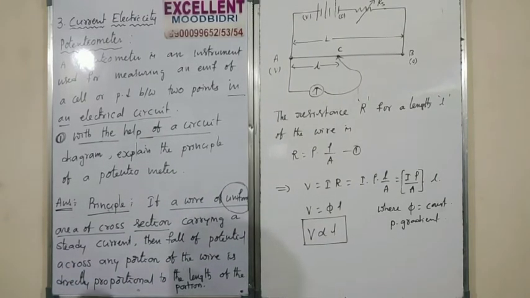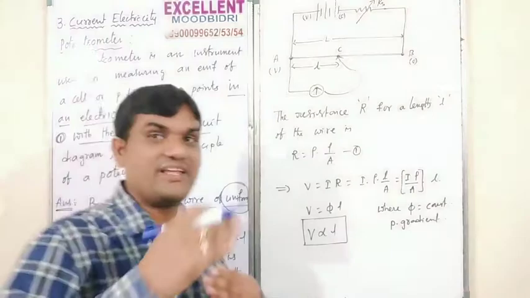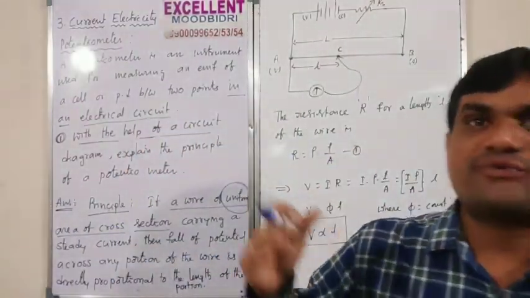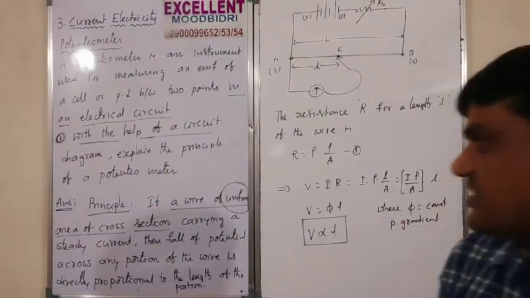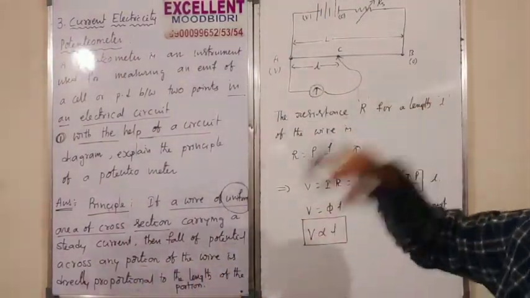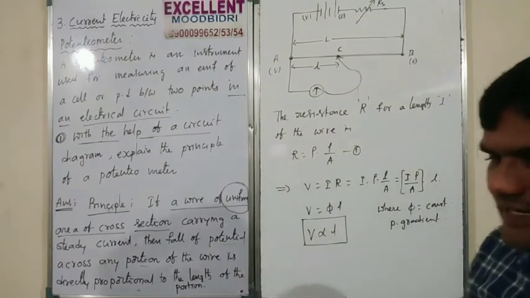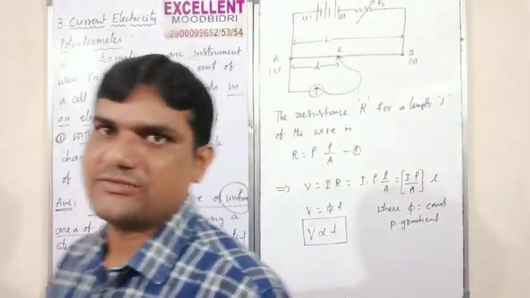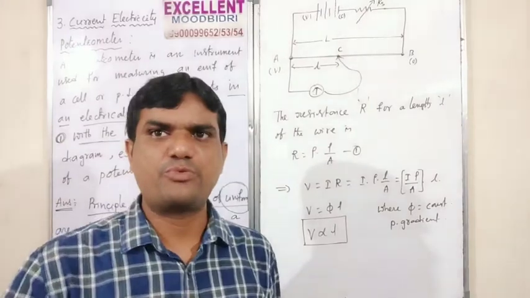Therefore, the potential difference is different at different points. The potential across any portion of the wire is directly proportional to the length of the portion. If the length increases, the potential across that portion also increases. That means V is proportional to L. Show that V is proportional to L.